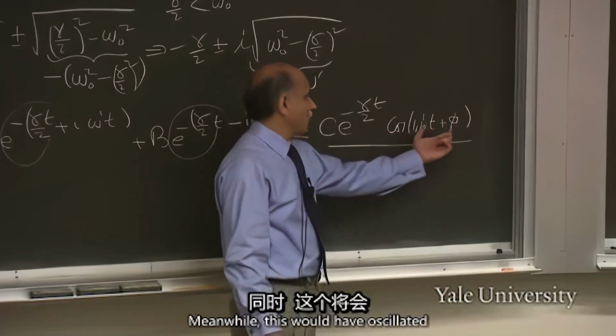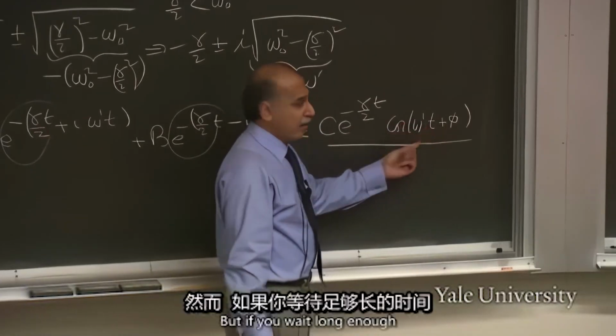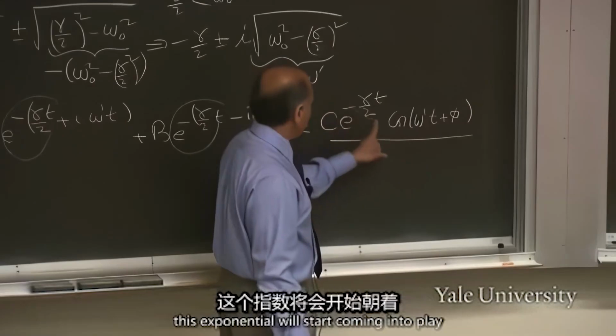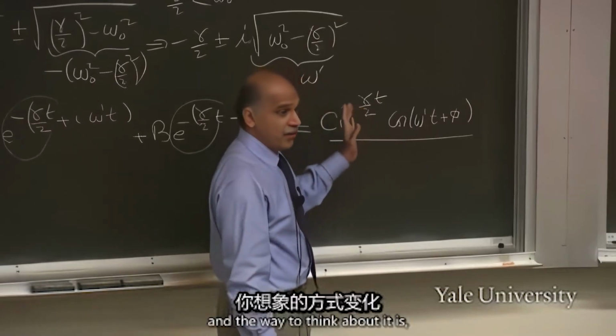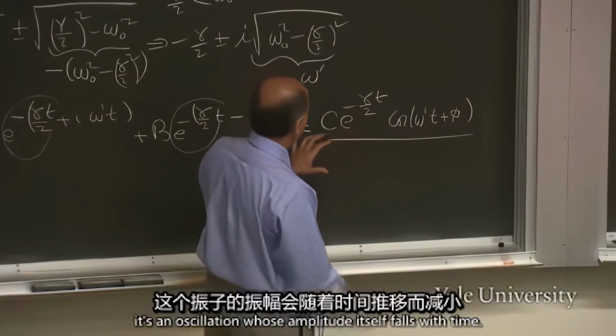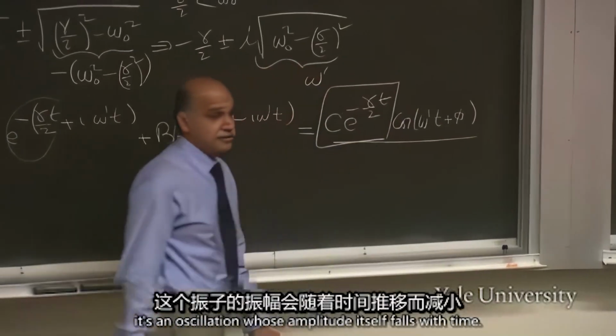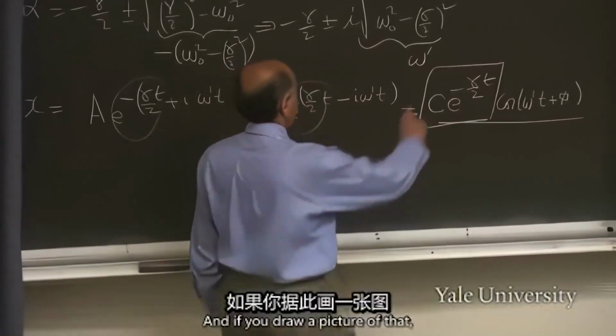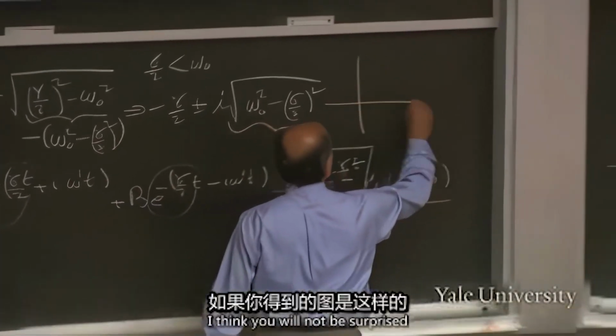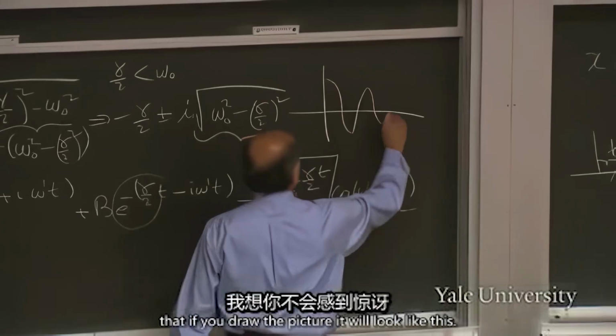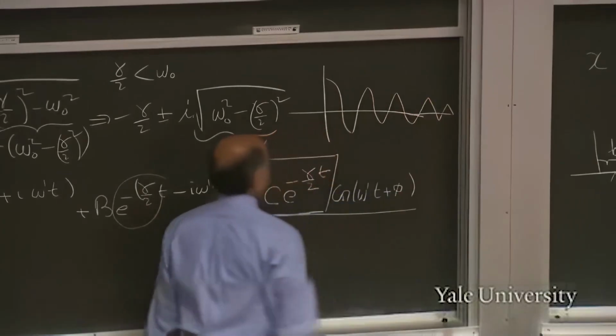Meanwhile, this would have oscillated some number of times. But if you wait long enough, this exponential will start coming into play. The way to think about it is, it's an oscillation whose amplitude itself falls with time. If you draw a picture of that, I think you will not be surprised that it will look like this. It's called a damped oscillation.